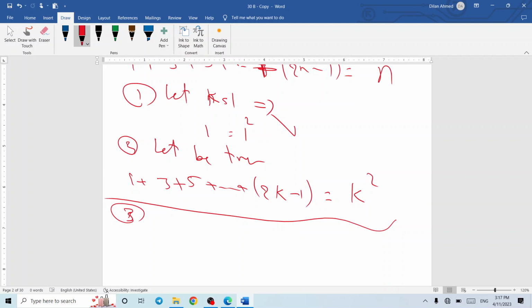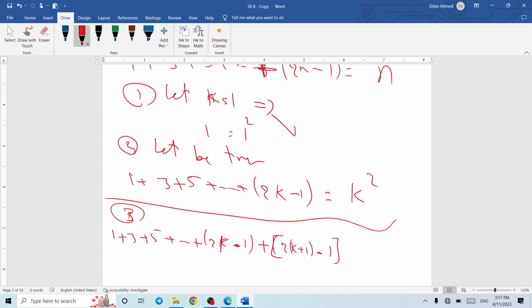For k plus 1, I say 1, 3, 5, up to 2k minus 1, plus 2k plus 1 minus 1. Am I right? Not plus 2. For k plus 1, if I have 2k here, I get 2k plus 1 minus 1.